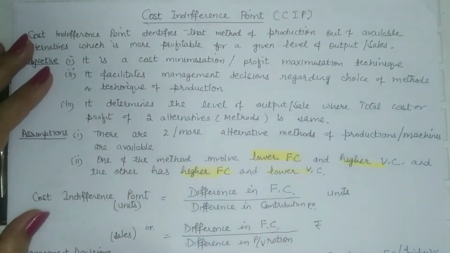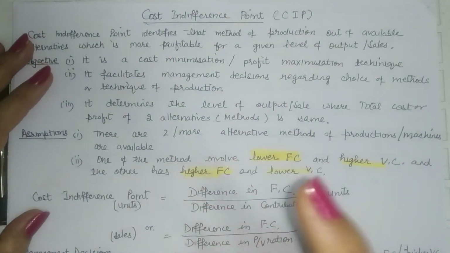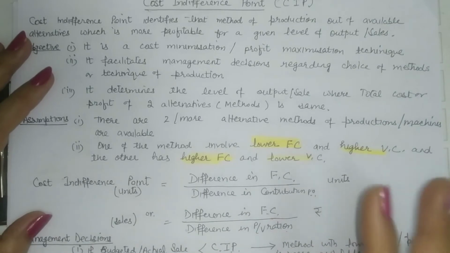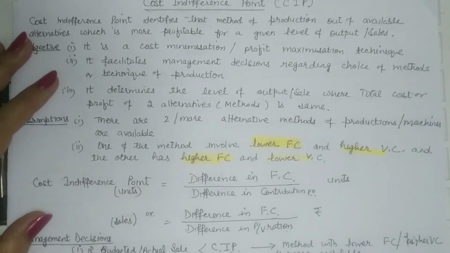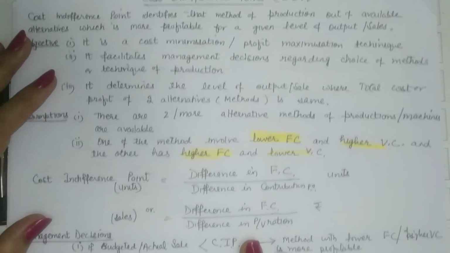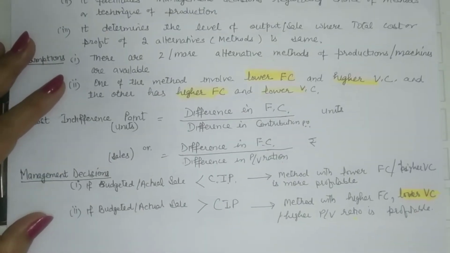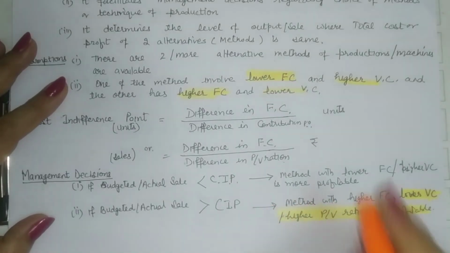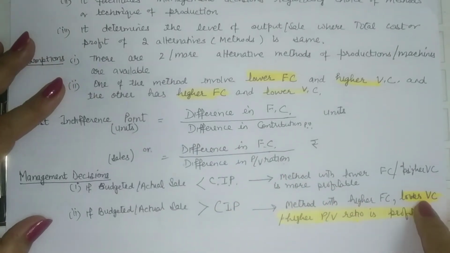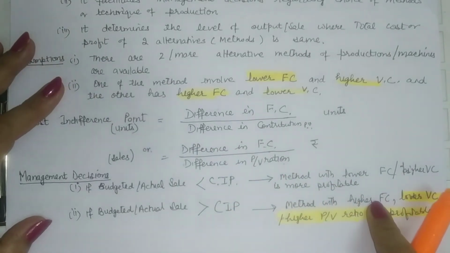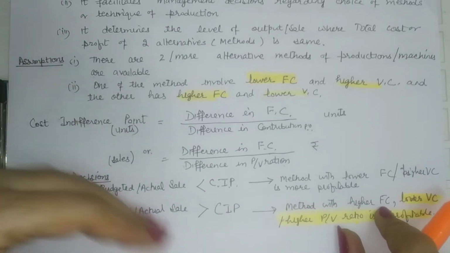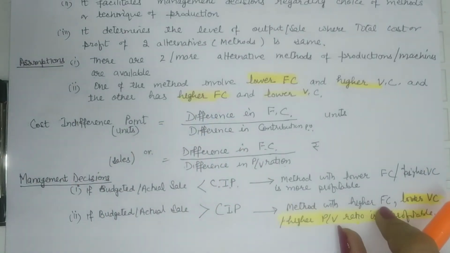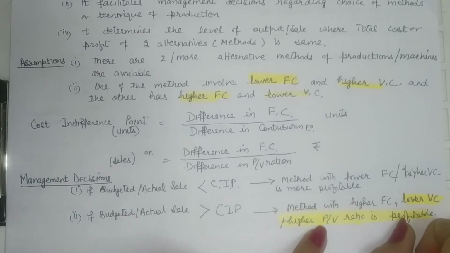So you will go for the method wherein your contribution is more or PV ratio is higher. And when we say PV ratio is higher, it implies variable cost is lesser. So in case your budgeted or actual sale is above this level, you will go for a method which is having higher PV ratio. And a higher PV ratio implies, as per assumption, lower variable cost and higher fixed cost. Because you have already covered the fixed cost, you are not to be afraid of the cost. So we will go with the method wherein PV ratio is higher.